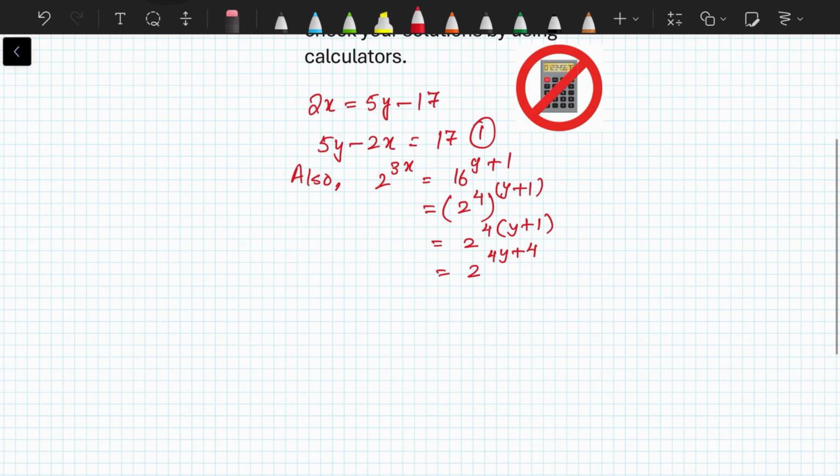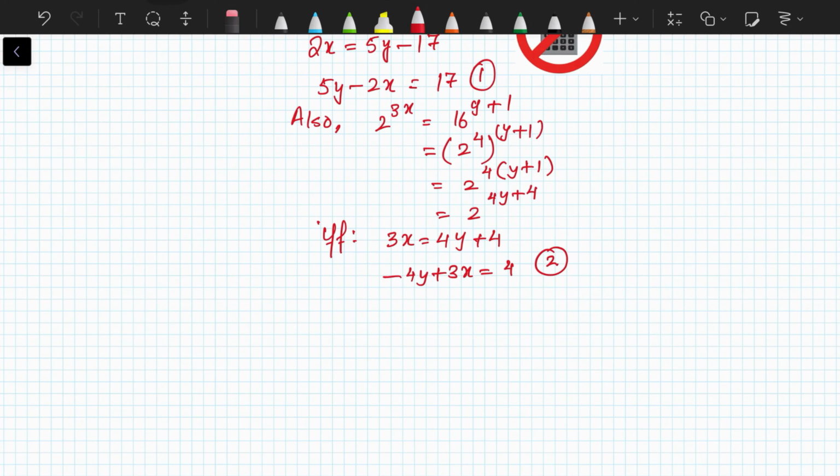And that's possible if and only if, a necessary and sufficient condition, 3x is equal to 4y plus 4. So then I can move 4y on that side. So I can say that negative 4y plus 3x is equal to positive 4. This is my equation number 2.